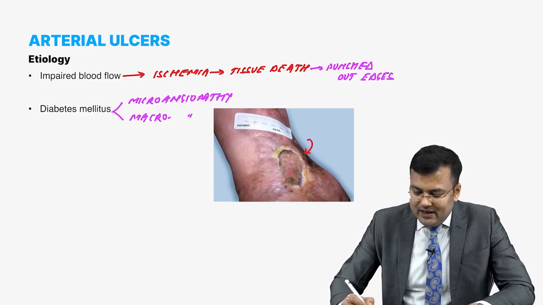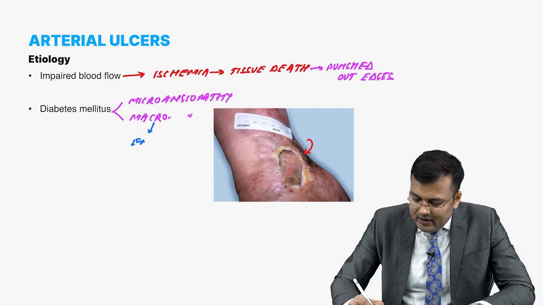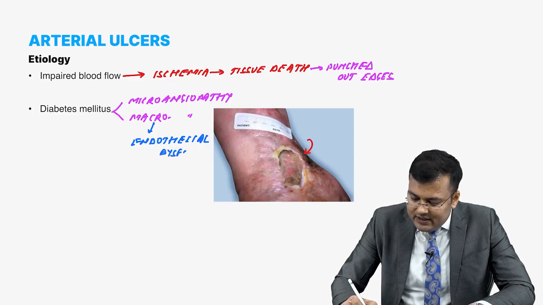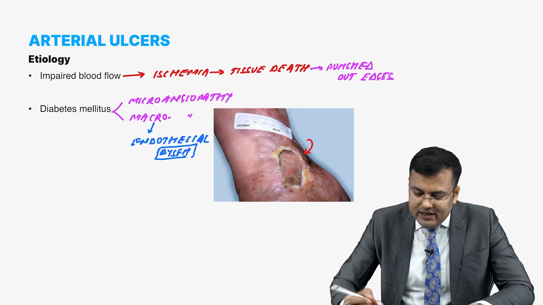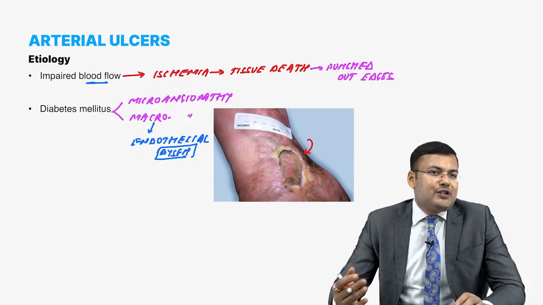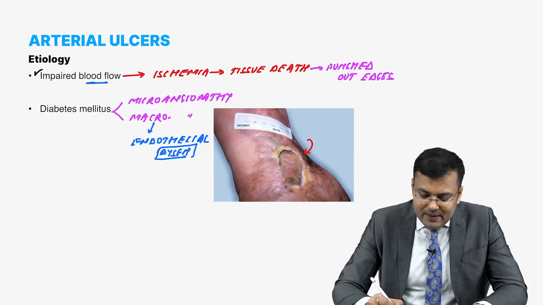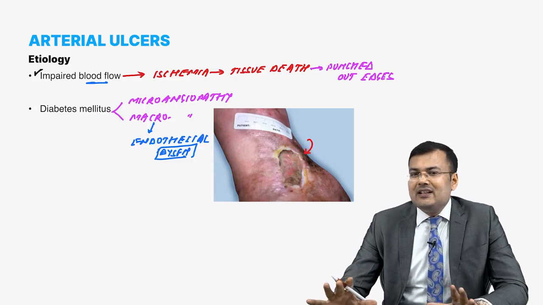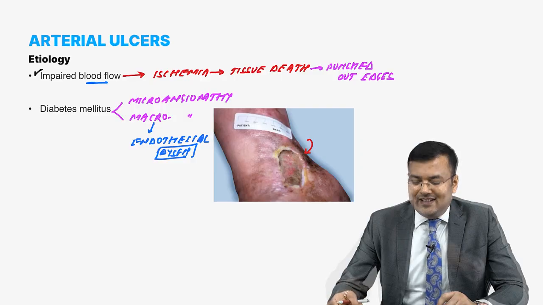These patients have endothelial dysfunction. Because of this endothelial dysfunction, obviously there is impaired blood flow. So ultimately what will happen? Because of endothelial dysfunction, there is impaired blood flow, leading to ischemia, leading to tissue death, and the ulcer has punched out edges. We discussed that.